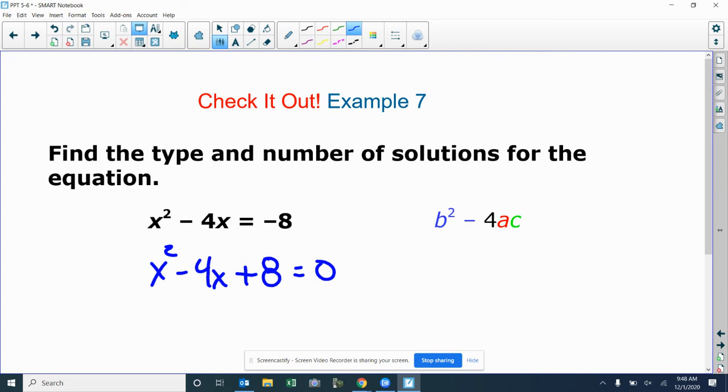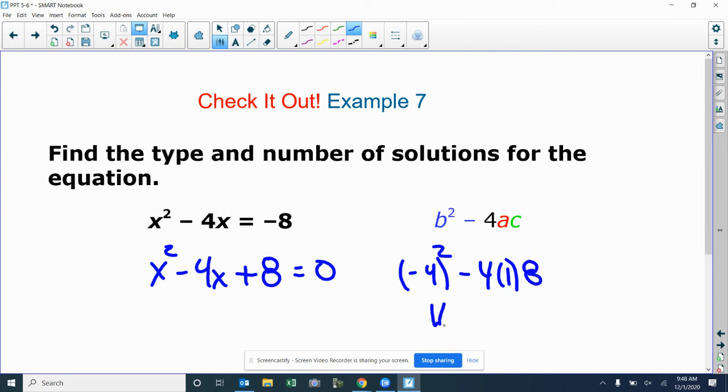It doesn't really matter to me. Is this a negative number, positive number, or 0? That's all that matters. What is it? It is a negative number, isn't it? Okay, let's check it out and see. We have negative 4 squared minus 4 times a, which is 1, times 8.